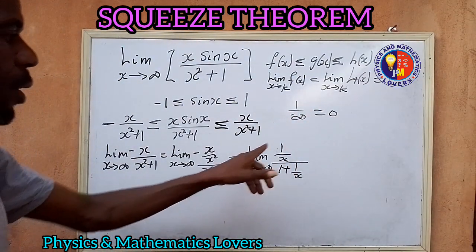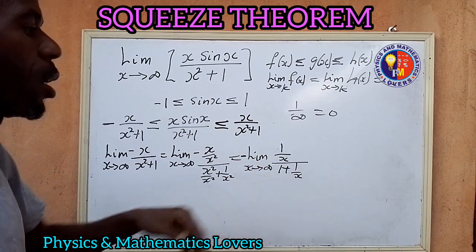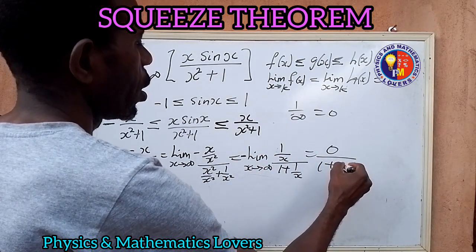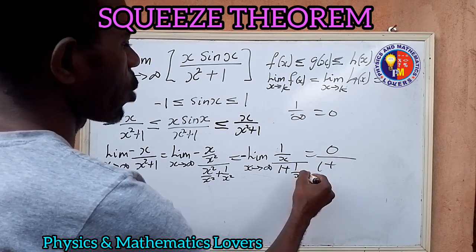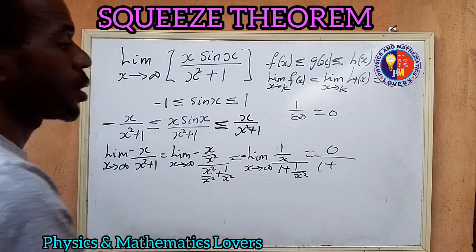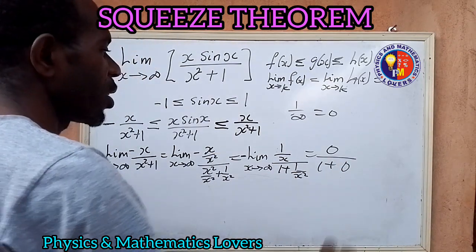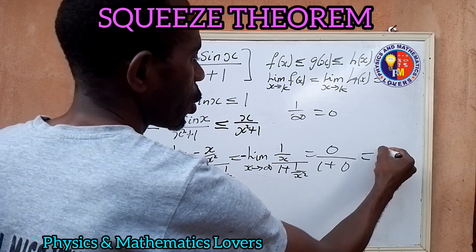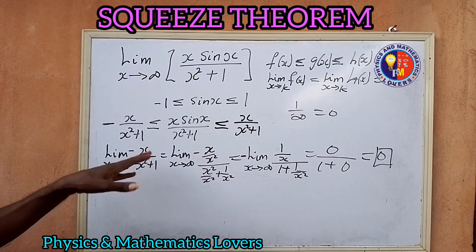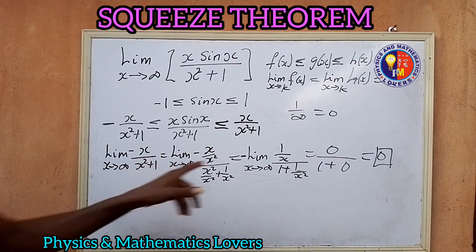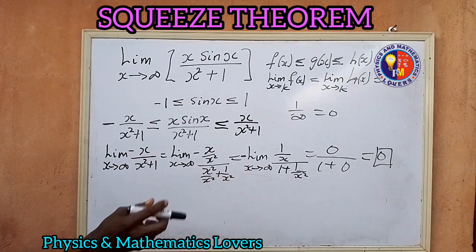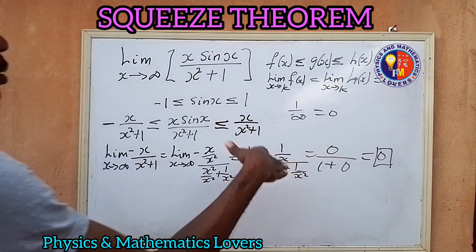So the numerator gives 0, and the denominator gives 1 plus 0. The limit on the left side is 0. Whether minus 0 or not, it is 0.